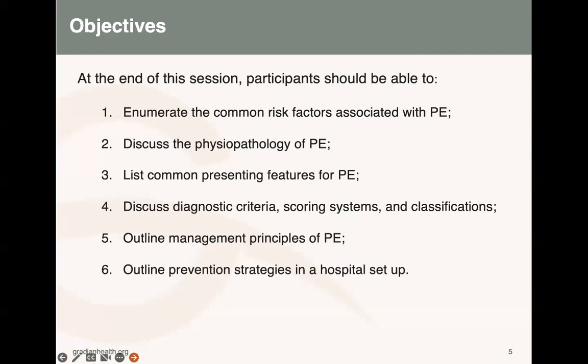Third, to list common presenting features for pulmonary embolism. Fourth objective, to discuss diagnostic criteria, scoring systems, and classifications of pulmonary embolism. Fifth, to outline management principles of pulmonary embolism. And sixth, to outline prevention strategies in a hospital setup.